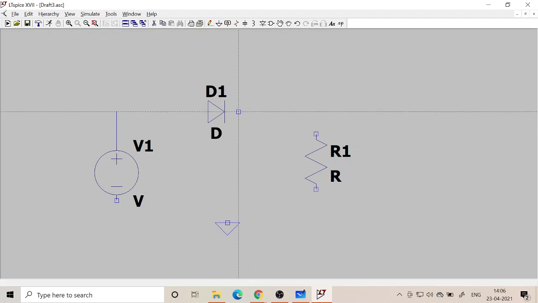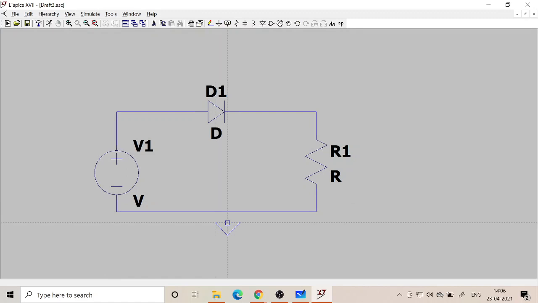Same thing you repeat: click wherever you want to start, turn, end. Again, start, turn, end. Similarly, you need to connect the reference.